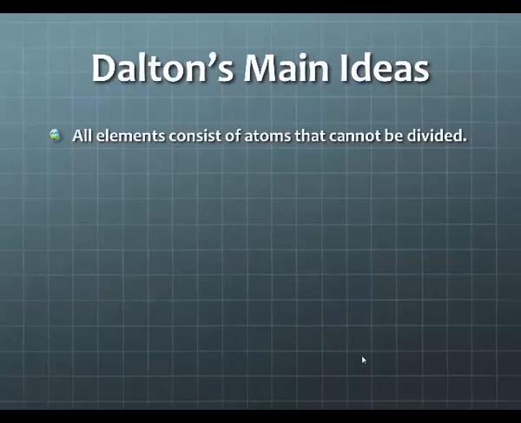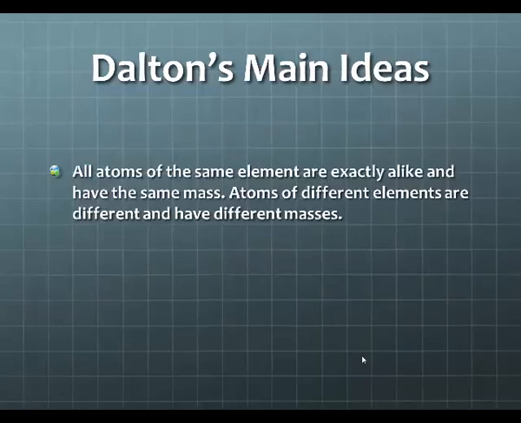The main ideas to his theory. He thought that all elements consist of atoms that cannot be divided. So that was similar to some of the previous ideas. He thought that all atoms of the same element are exactly alike, and they have the same mass.